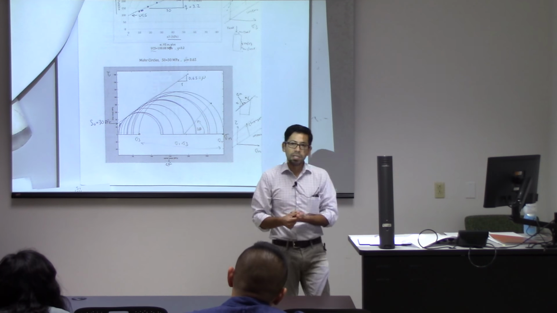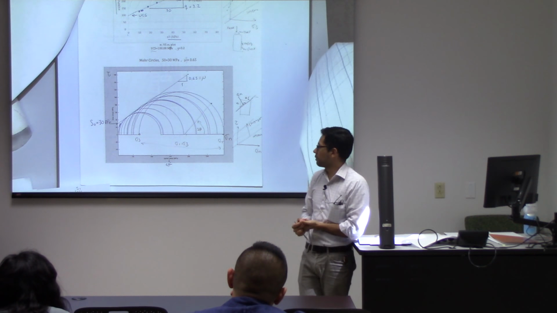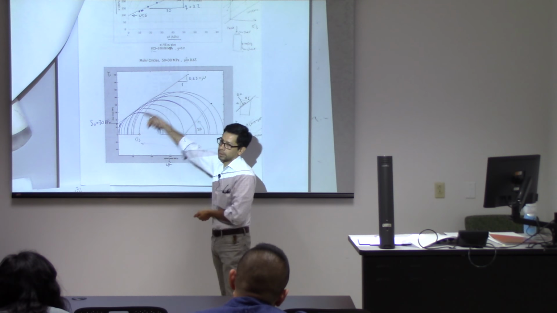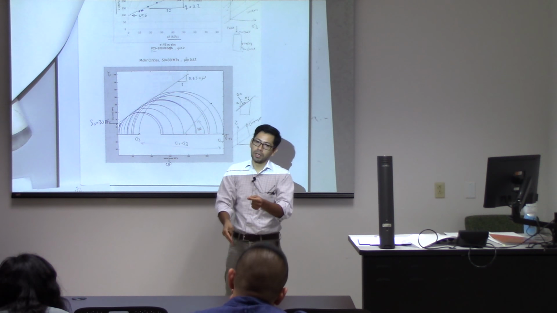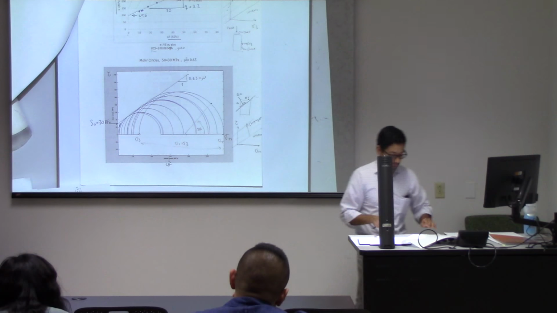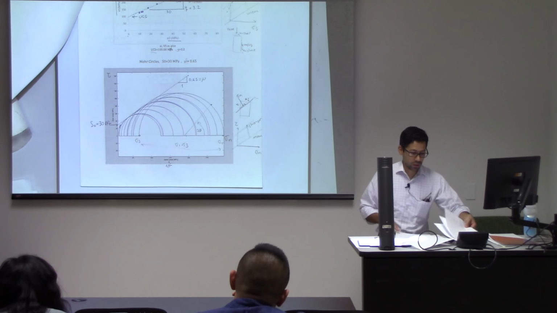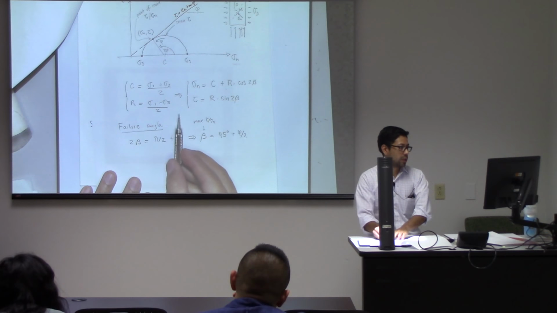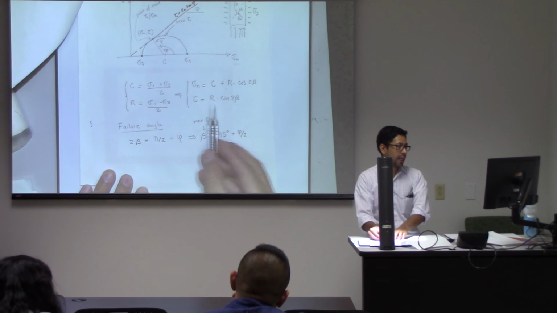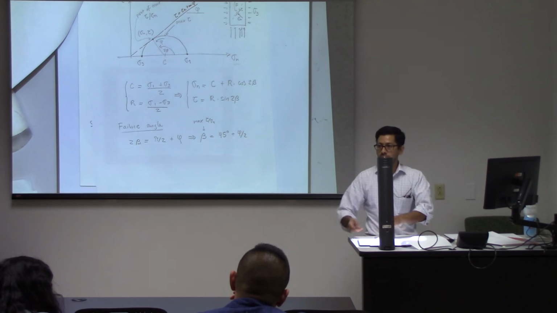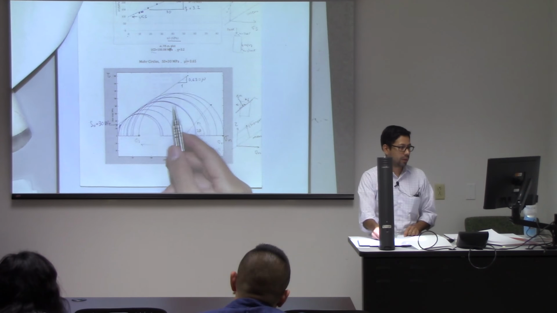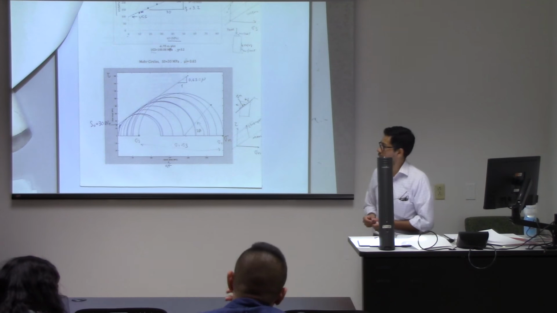If you're doing this with Excel, it may take a little bit of time. I recommend that you have at least 50 points around here, so you have to create a table, and you will have to use the equations that we discussed over here. So you create a table as a function of the angle, and you throw 50 points, and you plot those as a scatter plot, and you will get your circle.